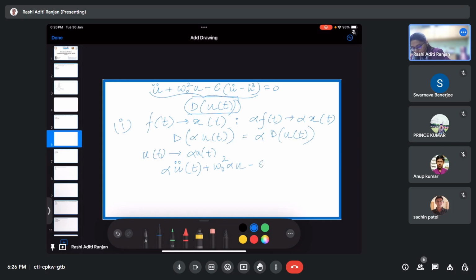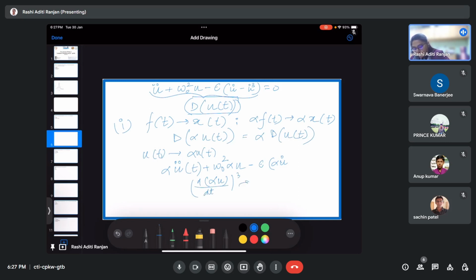minus epsilon. Now here is the problem. u naught will be replaced by alpha u naught, but here we have u naught cube. So what are we doing? We are essentially replacing u by alpha into u, right? So alpha into u is like alpha into u, d by dt, and this whole square.